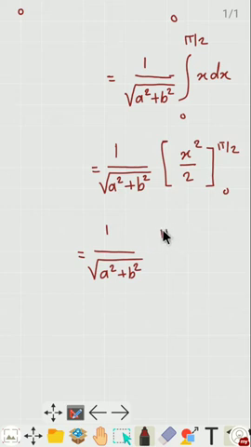Okay, pi by 2 square by 2, and for the lower limit we get the 0 value minus 0.